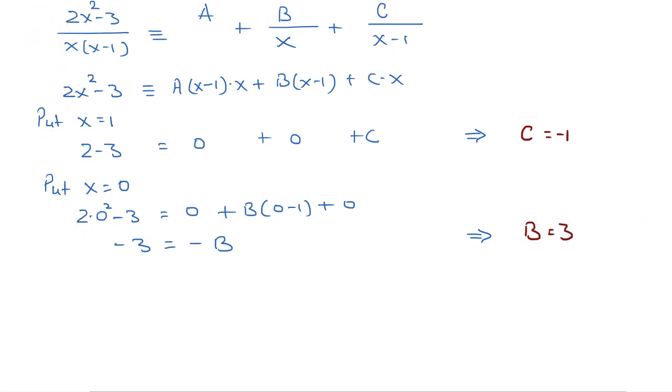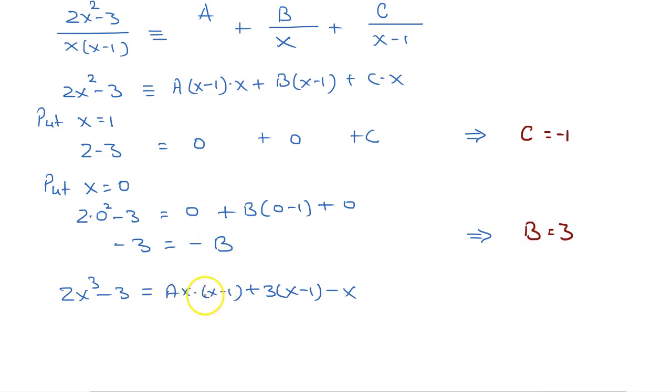So now the equation becomes 2x square minus 3 is equal to a multiply x minus 1 plus 3 times x minus 1 minus x.